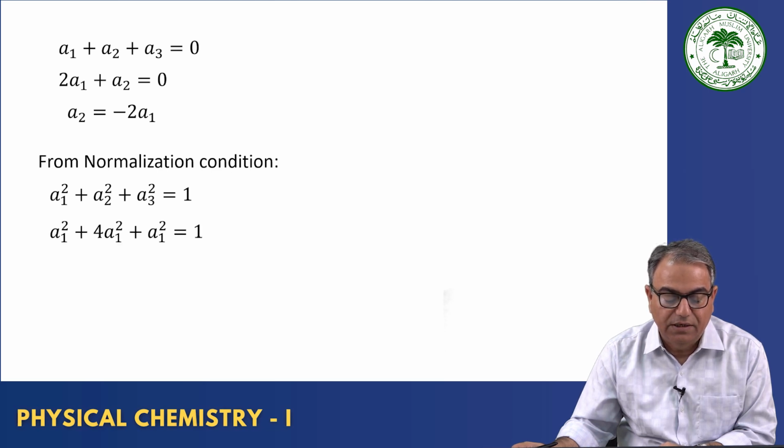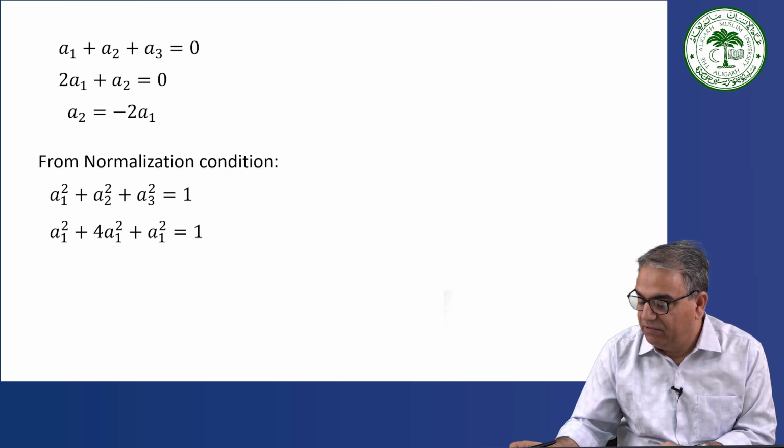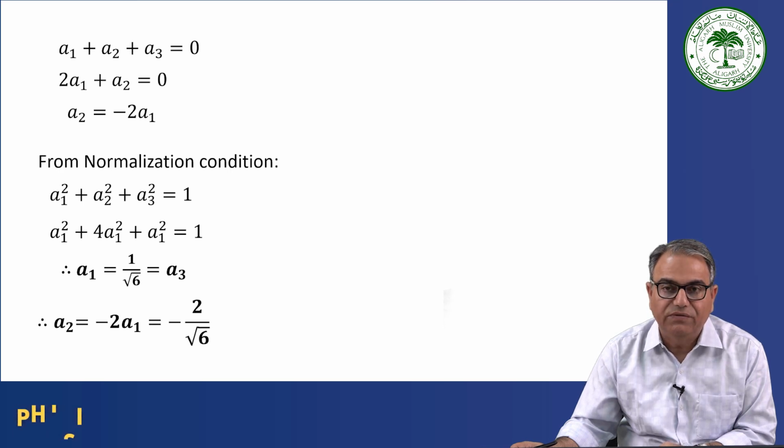So a1 square plus 4a1 square plus a1 square gives 6a1 square equal to 1. So a1 is 1 over root 6, and this is also the value of a3. Then a2 is minus 2a1, so it is minus 2 divided by root 6.